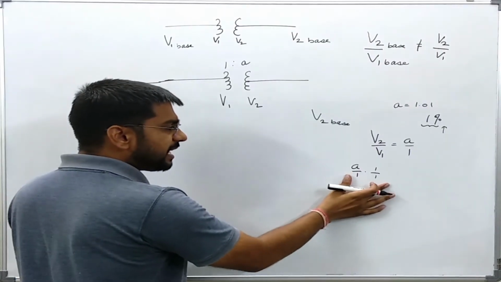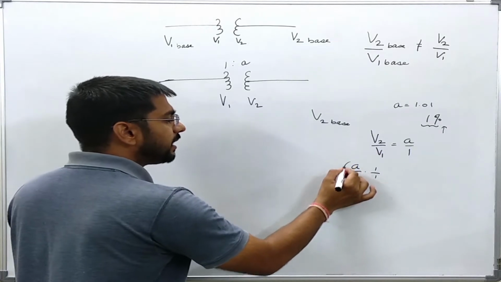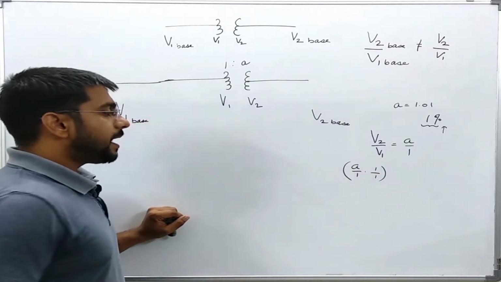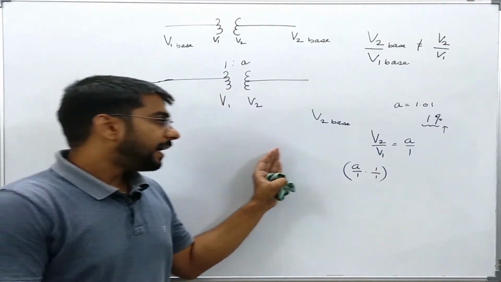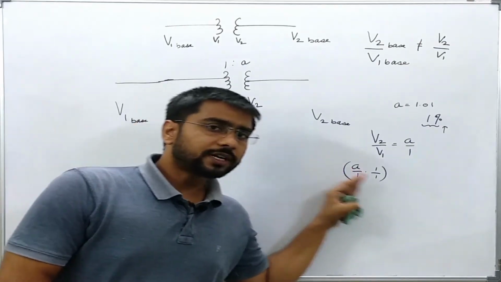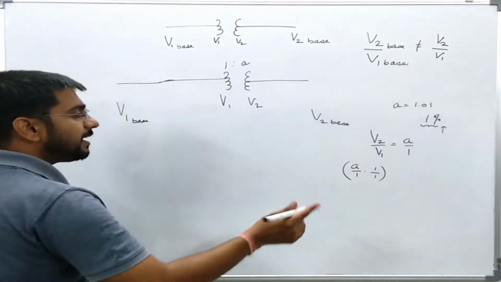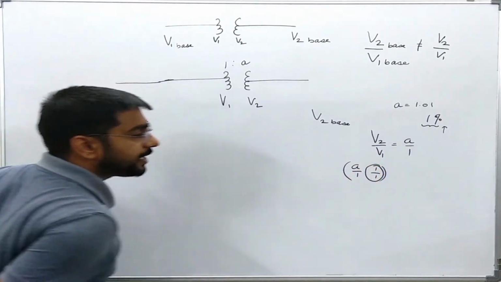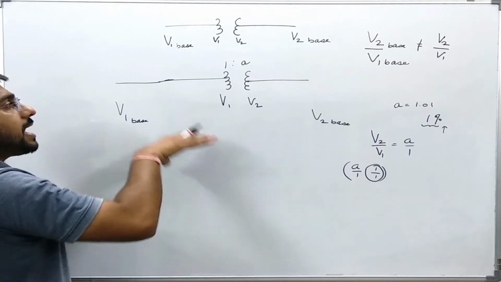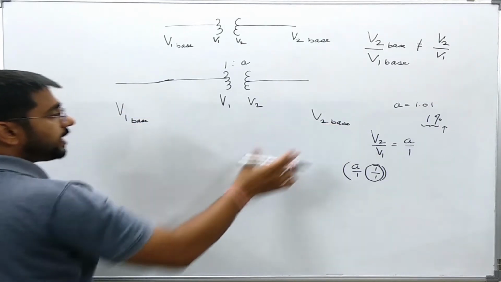What does it mean? It means that I will try to show this transformer as a mixture of two transformers, in which one transformer has a voltage transformation ratio in the same ratio as that of the base voltages.